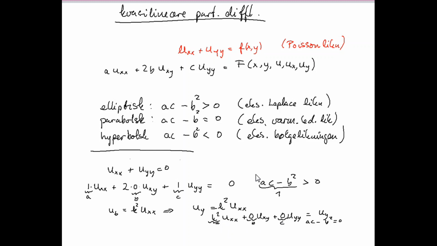So a times c is 0, and b is 0 as we said, so ac minus b square must be equal to 0. And this shows that we have a parabolic equation.